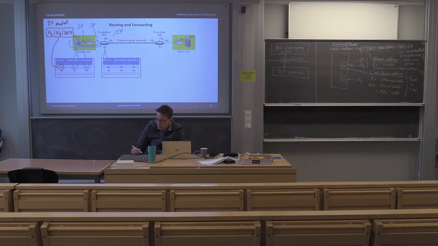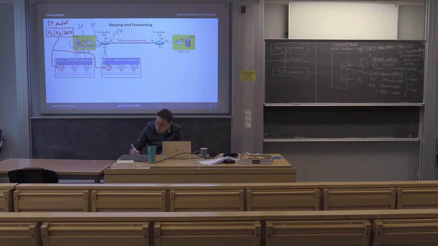At this point in the diagram, the router receives this packet. It looks at it: it comes from NA, it should go to NB. The router then looks at NB and finds a line in its routing table that tells us it should be sent off to a node which has IP address N3, and we can reach that by going out on the local interface that has IP address N2.